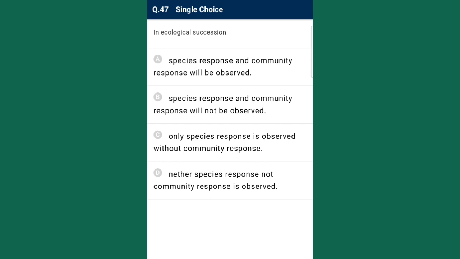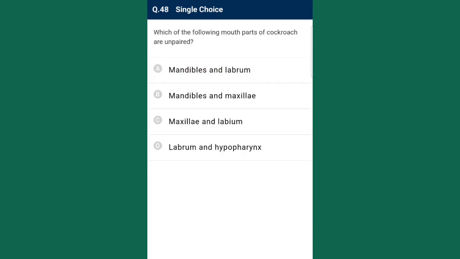So the answer for this question is option A. Species response and community response will be observed in ecological succession. Question number 48. Which of the following mouth parts of cockroach are unpaired?